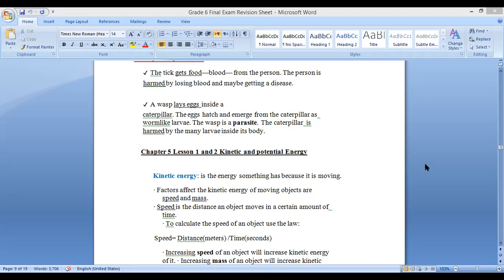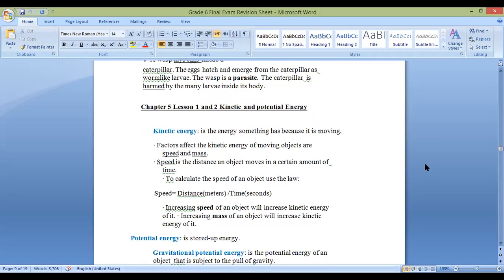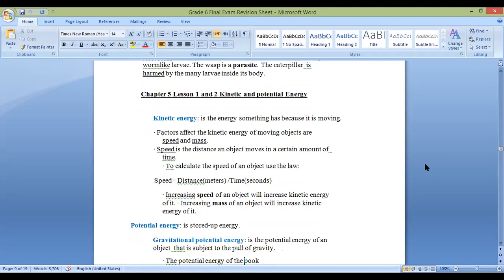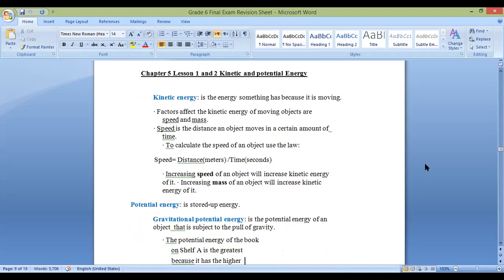Now, as we said, increasing the speed of an object will increase its kinetic energy, and increasing the mass of an object will increase its kinetic energy as well. Now, potential energy is the energy of position, as Farah said, and that means it is stored up energy.